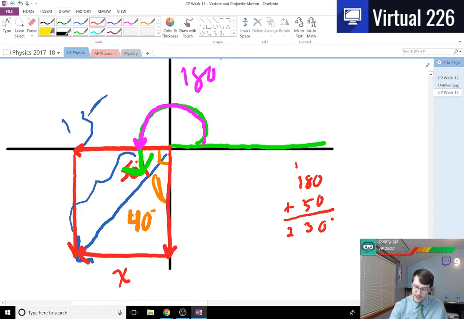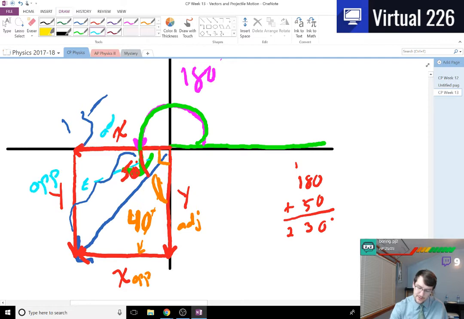Remember, this is your x, this is your x, this is your y, this is your y, but when you set up your triangles, this would be an opposite side coming across of the 40, and this is the adjacent going across the 50. This is your opposite side, and this is your adjacent.